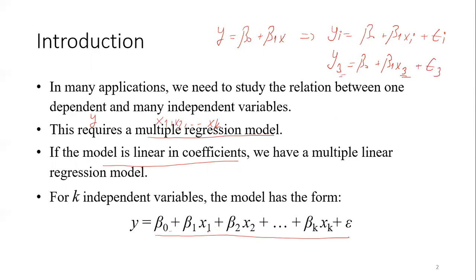But now we have different x's, which means we need different indices. So we will say yj equals beta 0 plus beta 1 x1j, x2j, up to xkj, and epsilon j. In the previous one we had a single x value, so we didn't need x1, x2, and so on, but here we need different x values.